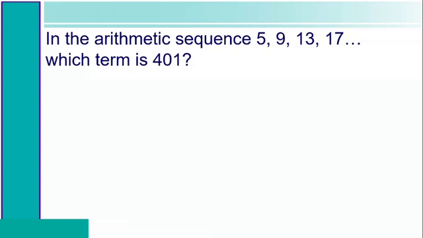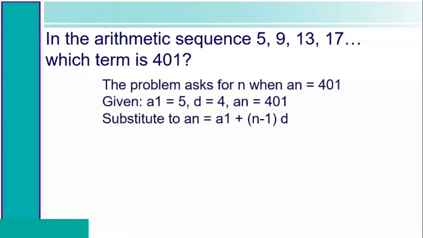Another problem: in the arithmetic sequence 5, 9, 13, 17, which term is 401? So it's a new look of our problem wherein it asks us to find which term is 401.